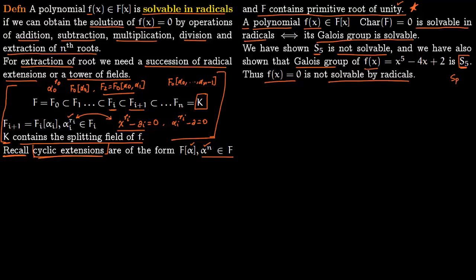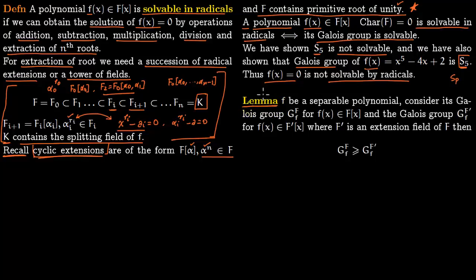So an important lemma which we are going to use will seem like common sense once we state it and start doing it. This lemma says that, say f is a separable polynomial. Separable polynomial means that in its splitting field you will have distinct roots.